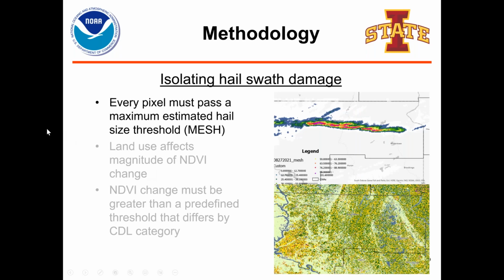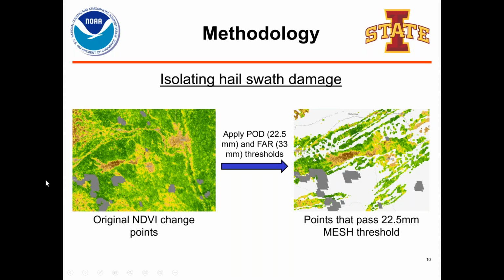And then more detail on how we isolate those hail swaths. Like I said earlier, every pixel has to pass a threshold, and the first threshold that we use is a MESH threshold. So you're looking at estimated hail size on radar. This on the left here is our NDVI change map, like I showed earlier.